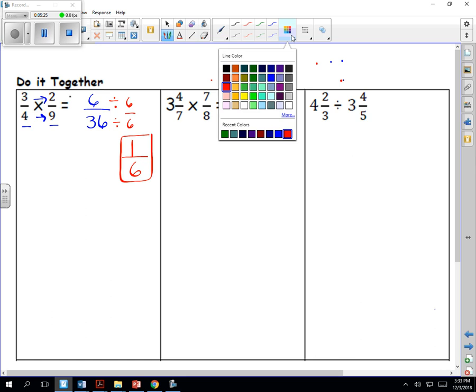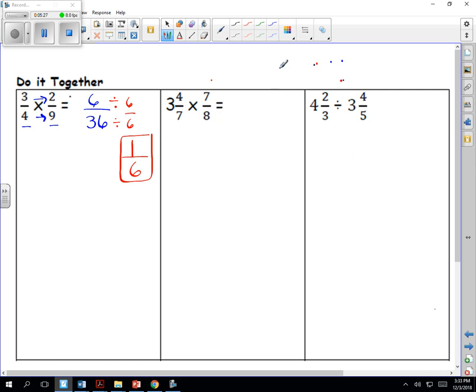But I want to show you a different way of doing this. What if I take the 3/4 times the 2/9? And when you're multiplying fractions, you can do a procedure called cross-canceling, meaning I can reduce the fractions that are diagonal from each other, here and here, okay? The ones that are diagonal.